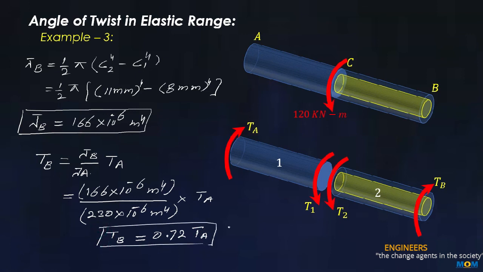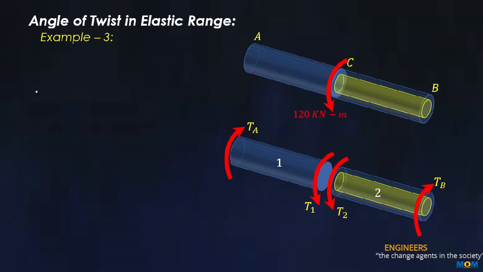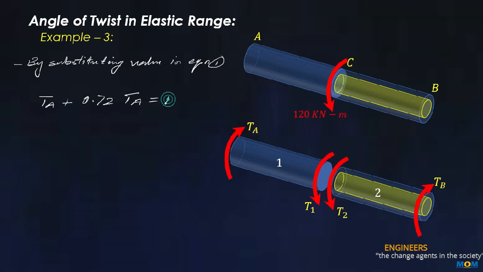Now using this value in equation 1, by substituting the value in equation 1, TA plus 0.72 TA equal to 120 kilonewton meter.